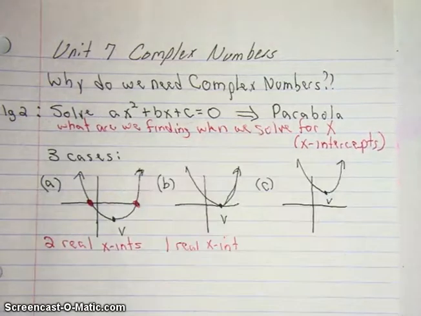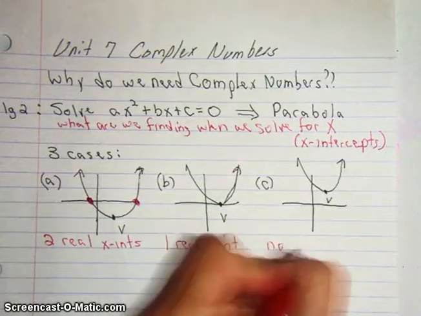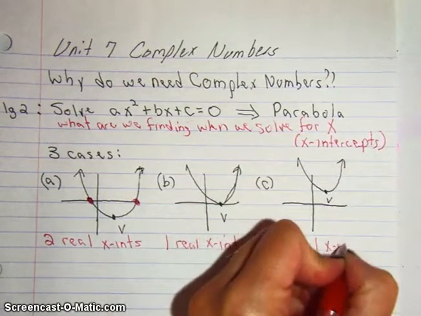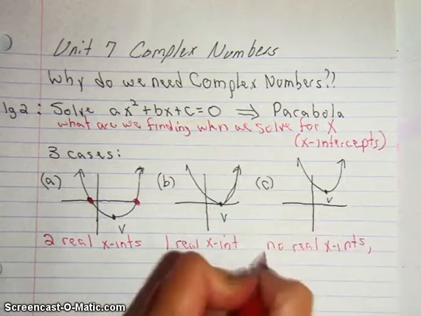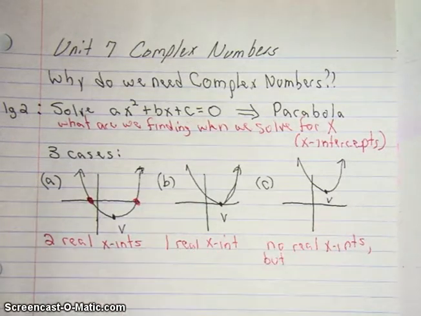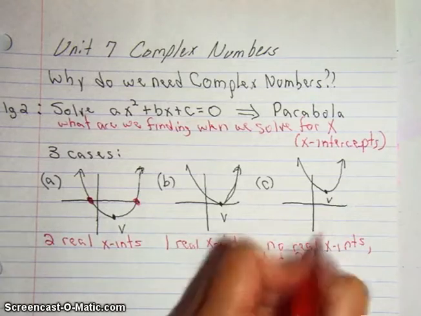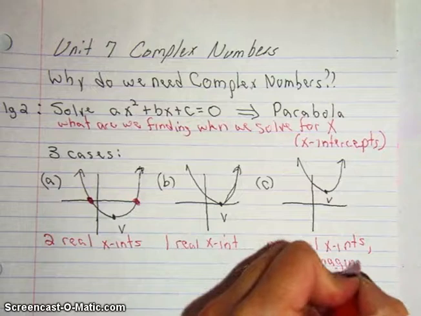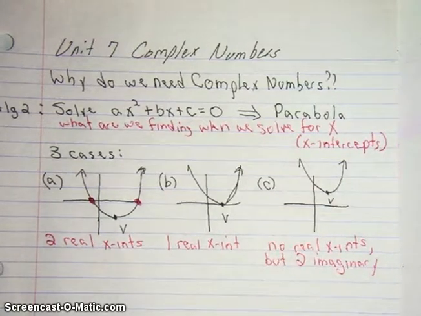So no real x-intercepts, correct? But you will still get 2 answers. And they will both be imaginary.